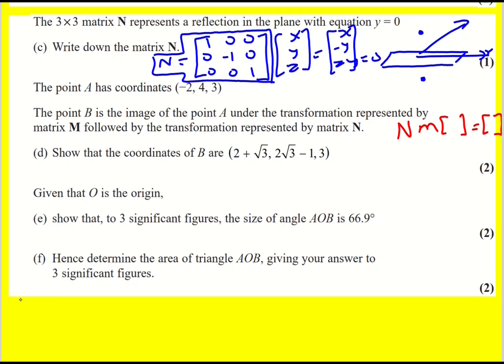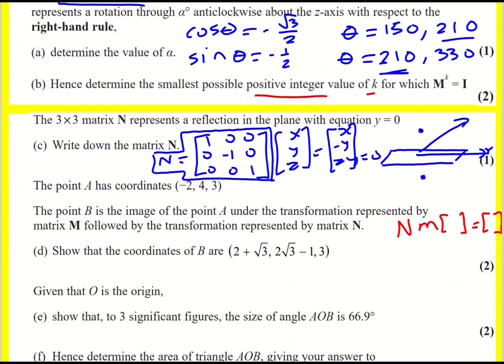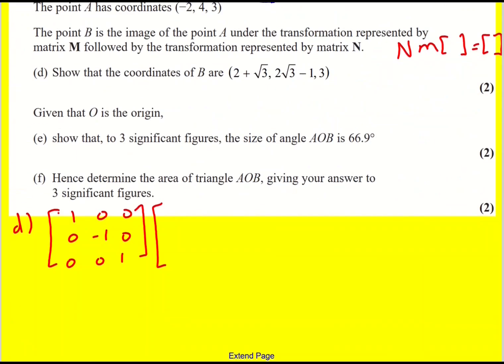So we are going to have the matrix 1, 0, 0, 0, -1, 0, 0, 0, 1 multiplied by that vector from above, which is this.